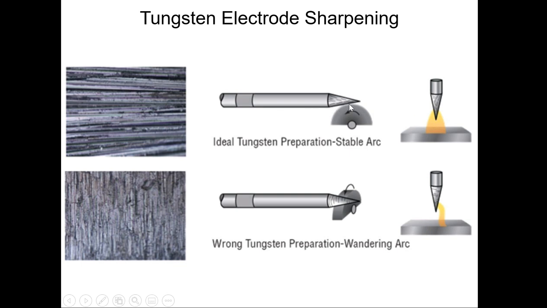If you try to sharpen it like you're sharpening a pencil on a grinder or something like that, you will make spiral grinding marks on it, and it will cause an unstable arc in this area. The arc has to come down, it's got to spin around all these different lines, because these lines are very specific gouges. When you have a situation like the one on top, the dispersion is always going to be clean because the grind marks are like that.